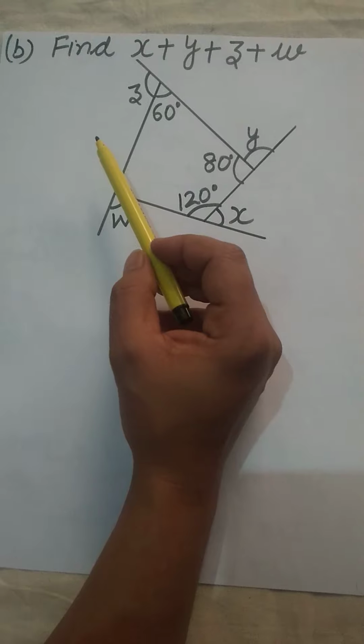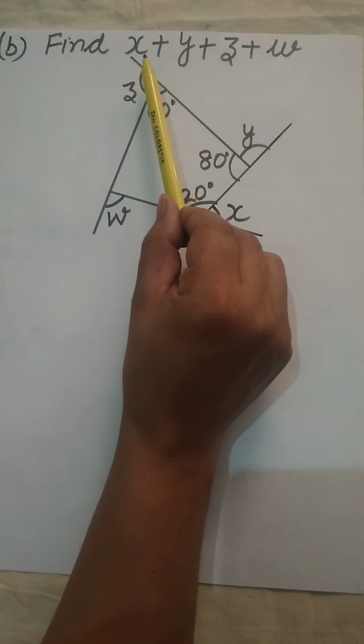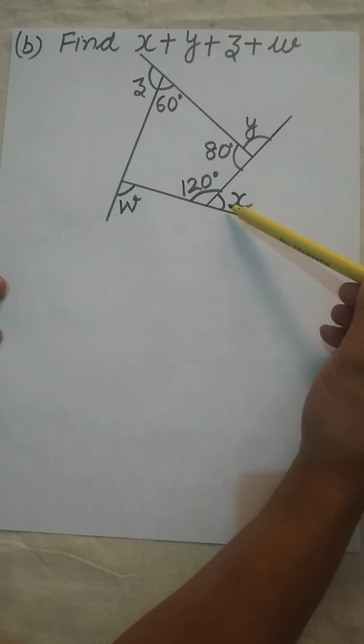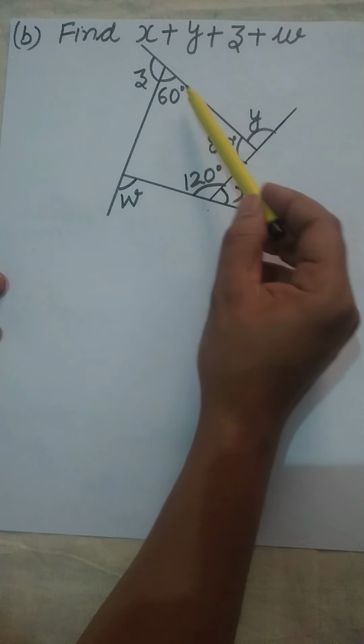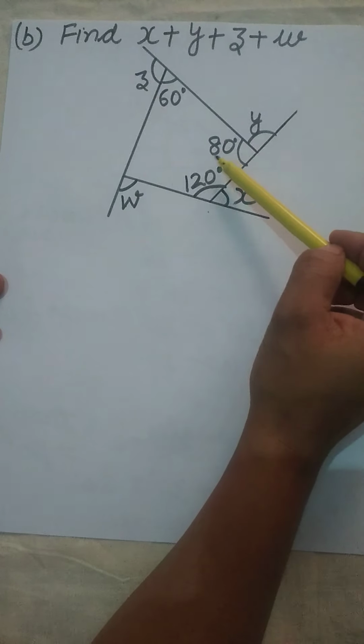Next question. In this question again we are to find out the sum of x, y, z and w. X, y, z and w are the exterior angles of the given quadrilateral in which three interior angles are given.